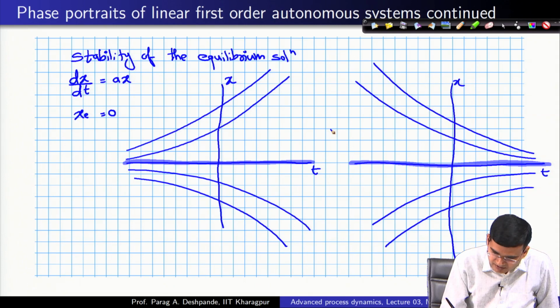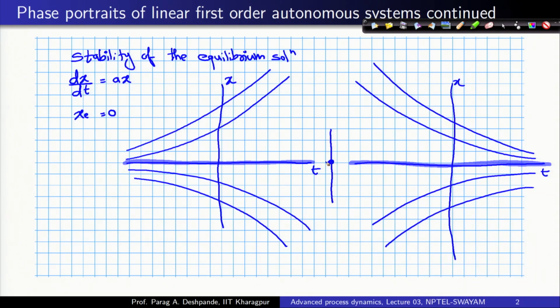So, schematically I can represent this, that this is the equilibrium solution here. For this particular case, the equilibrium solution is here. So, the solutions are moving away from x_e = 0.